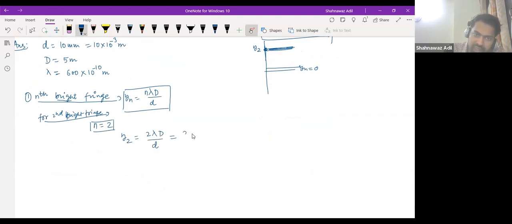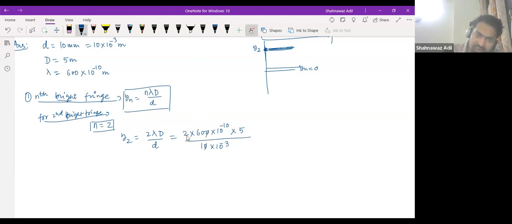Lambda is 600 into 10 to the power minus 10, capital D is 5, and small d is 10 into 10 to the power minus 3. The 10 we can cancel.